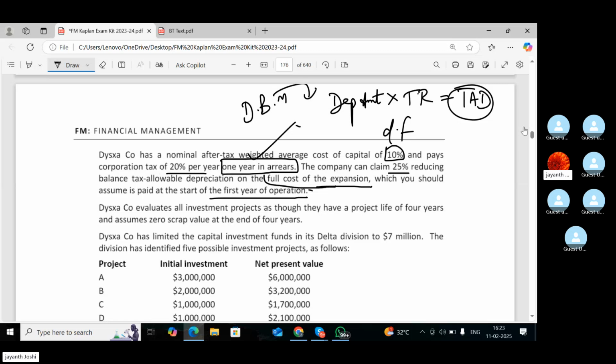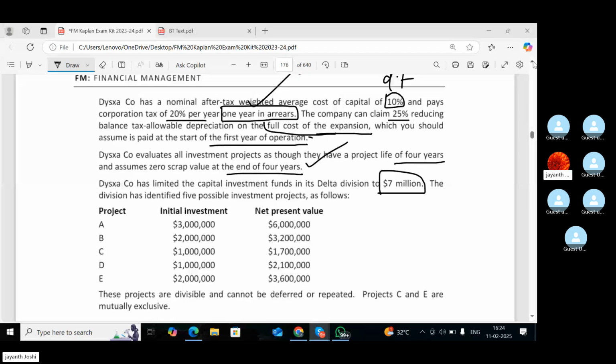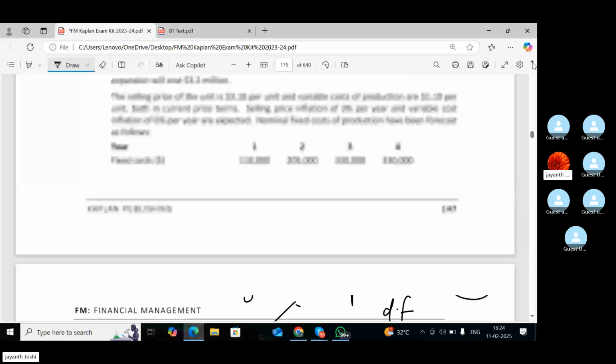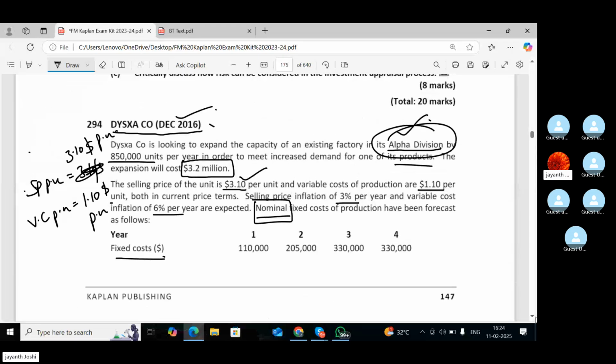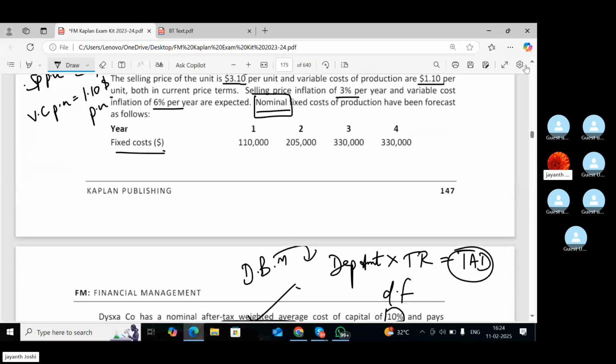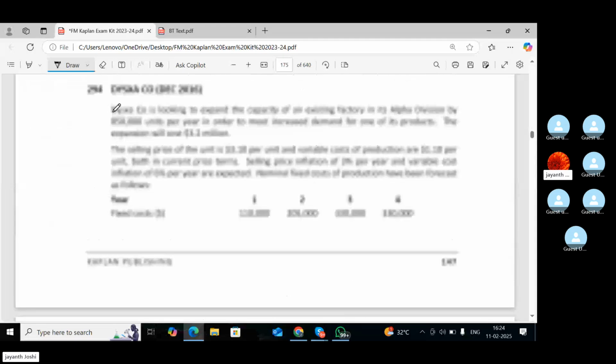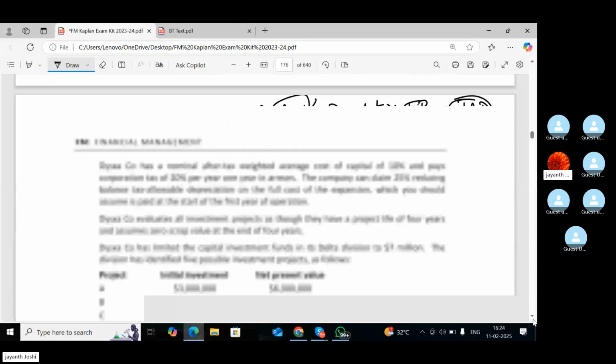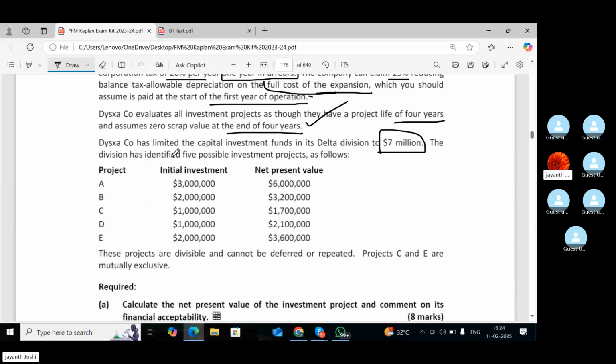We started with one of their divisions, Alpha, in which they want to do the capacity expansion by 8,50,000 units. Now the next part is they want to do some investment in Delta division, but they want to restrict the investment to $7 million, which is a classic case of capital rationing.